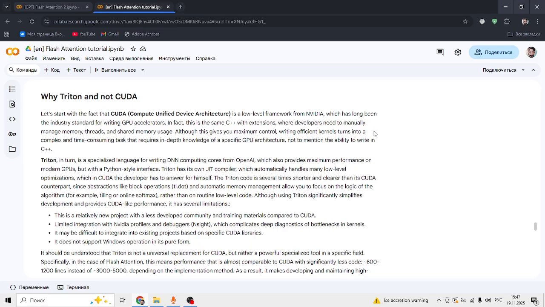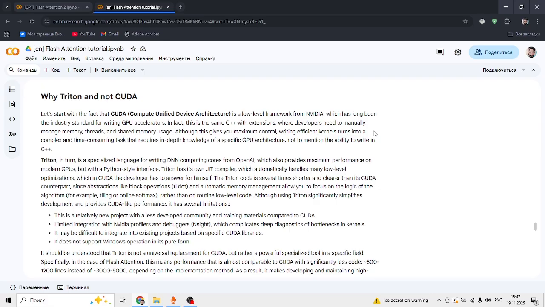So in practice, that means that we can spend between 800 and 1,200 lines of code instead of between 3 and 5,000. These numbers have such a range because it all depends on the task and the style in which you write code. And also this code is much easier to support.